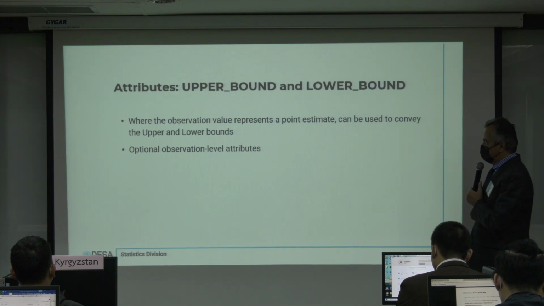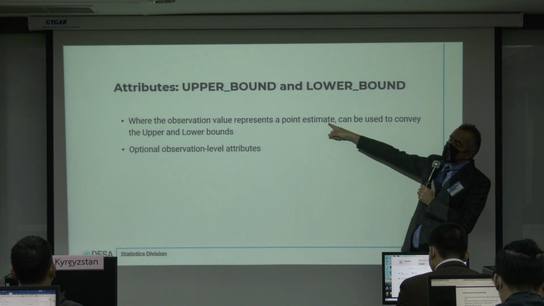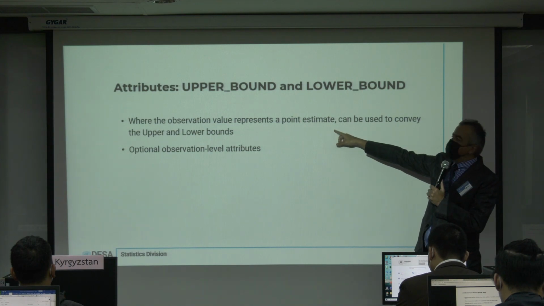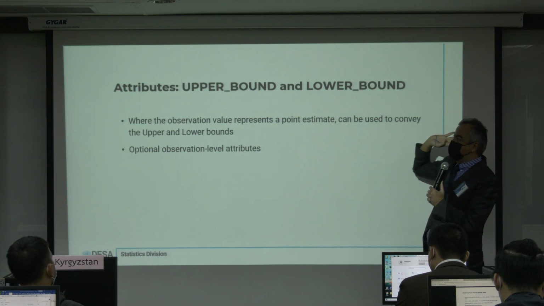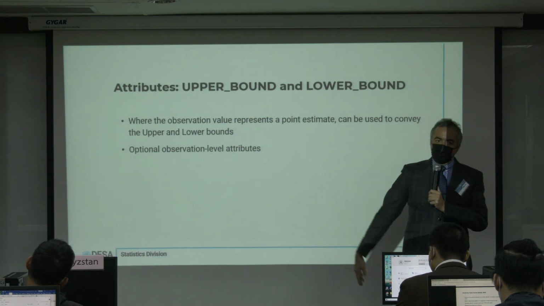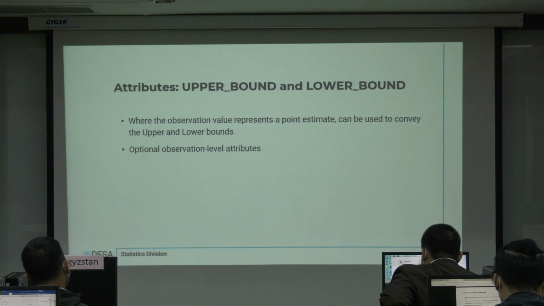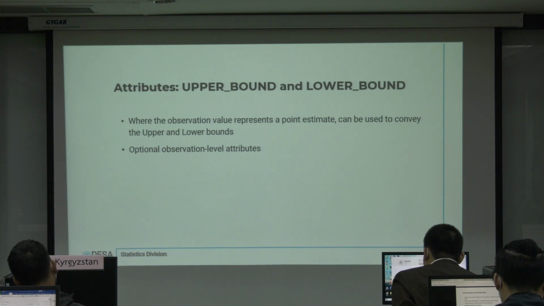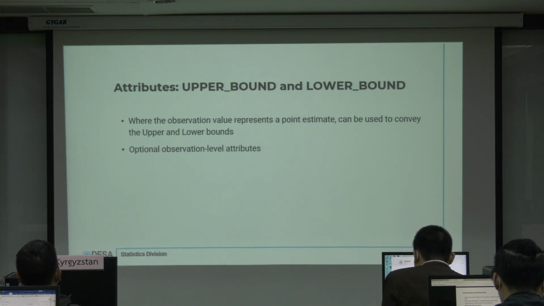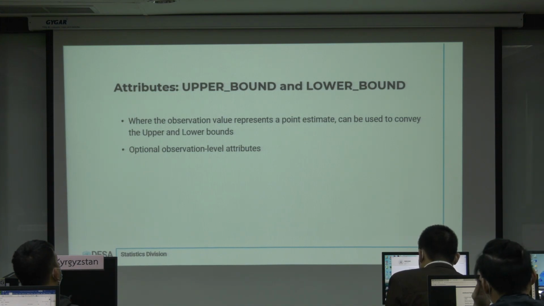It's for model data. If your observation is a point estimate, then upper bound and lower bound are used to represent the confidence interval for model data. But basically, if you do have a confidence interval, then you can use upper and lower bound for this purpose.